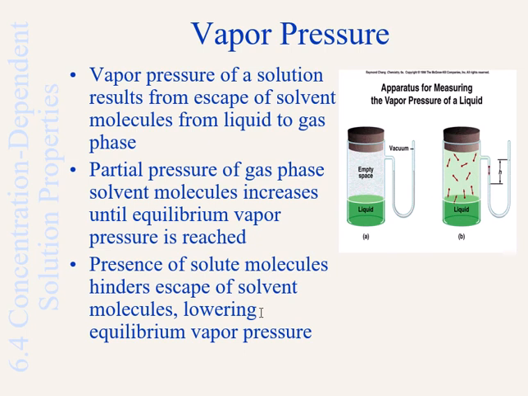Now why does this happen? This happens because the solute particles are blocking on the surface, they are blocking the solvent from evaporating and entering into the vapor phase, for a reason as simple as that.